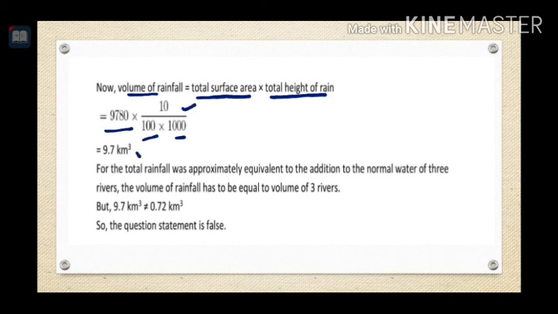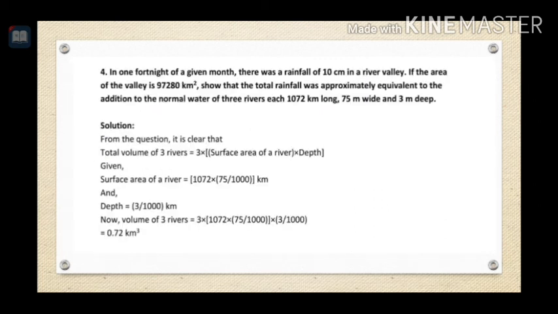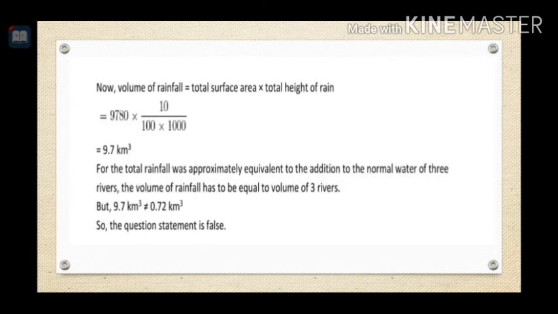If you do the calculation, volume will be 9.7 kilometer cube. Now this is the volume of rainfall and this is the volume of 3 rivers. The volume of 3 rivers is 0.72 kilometer cube, whereas the volume of rainfall is 9.7 kilometer cube.